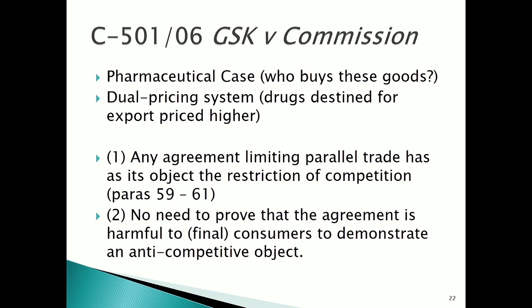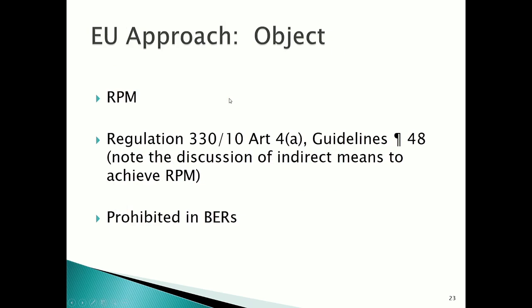Okay? So, in other words, any agreement that limits parallel trade or any agreement that reimposes national boundaries according to the Court of Justice, so this is authoritative EU law, is a restriction by object, and therefore is almost impossible to justify. We're calling that object effects restriction.